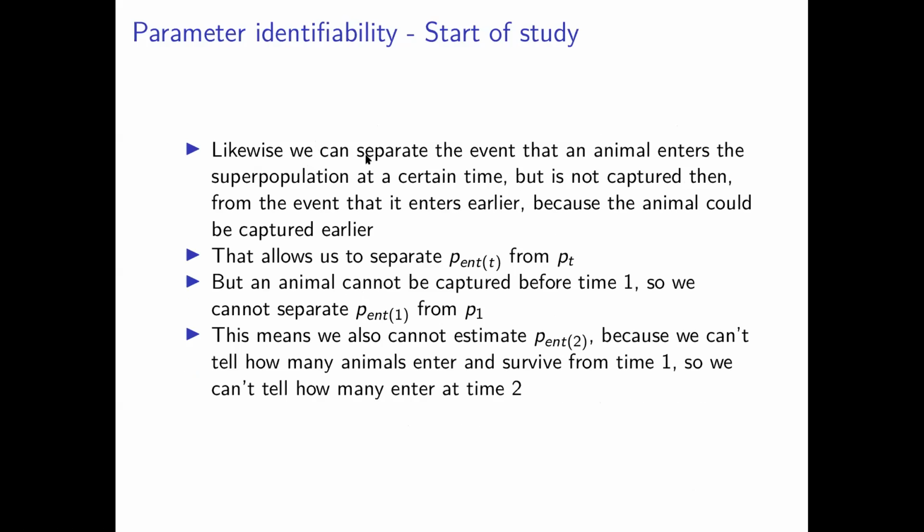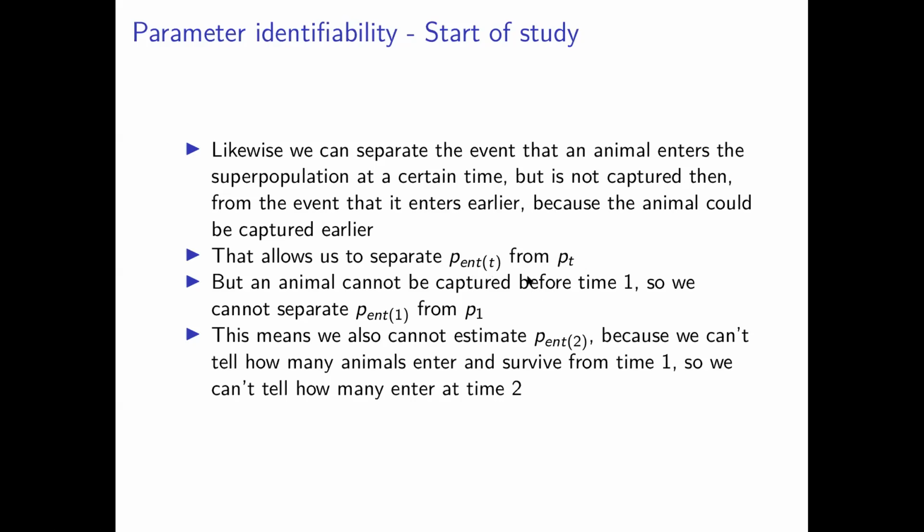Likewise, we can separate the event that an animal enters the superpopulation at a certain time but is not captured then from the event that it enters earlier, because the animal could have been captured earlier, and then we would know that it had entered earlier. That allows us to separate p sub t from p sub t, so the entry proportion for time t from the capture probability at time t.